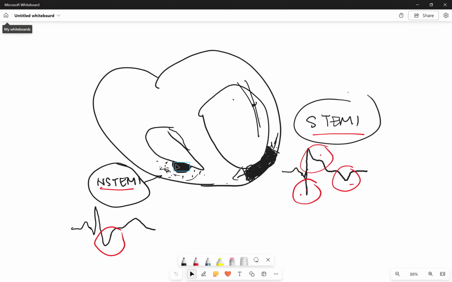This is NSTEMI. This is STEMI. The difference between the two is the thickness of the involved myocardium. So in NSTEMI, that means, yes, this is an MI. One or more coronary arteries were blocked, causing myocardial tissue death. This one died. However, it stopped.